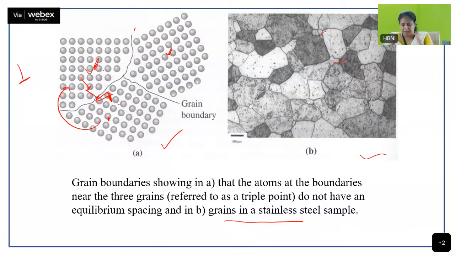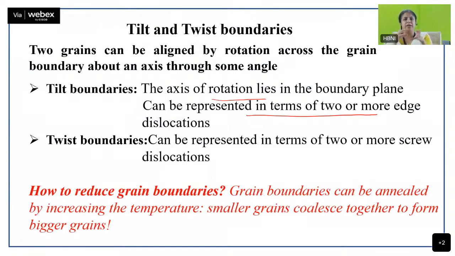So what I want to say is that if the misorientation between two grains can be represented by two or more edge dislocations, then your grain boundary is given a specific name, and that is called a tilt boundary. Okay, that is, they are tilted with respect to each other. But if that misorientation can be represented in terms of two or more screw dislocations, then that is called a twist boundary.